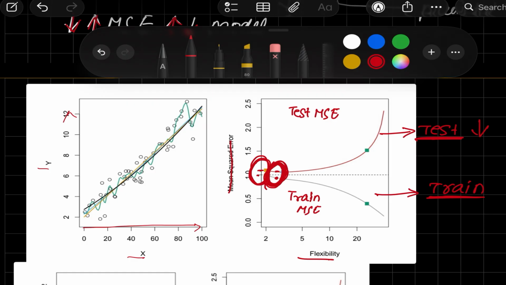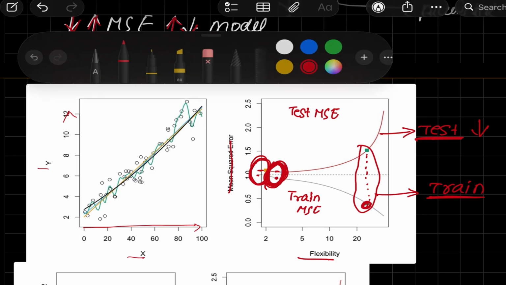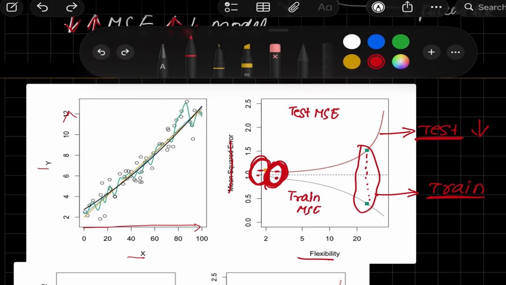But as we go further to the green model, then it is showing a very different case because we have a very minimum training error, but on the opposite, we have a very high testing error, which is a very bad thing because in testing, we want our model to perform well.